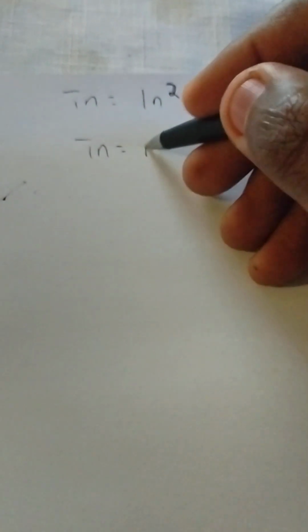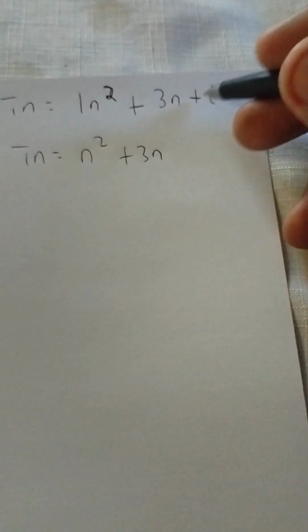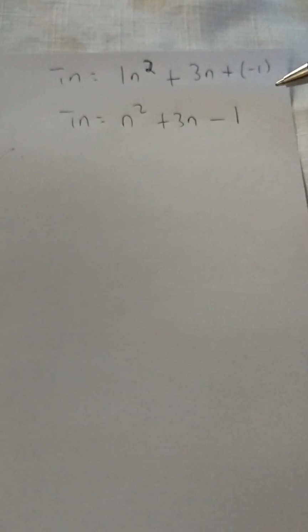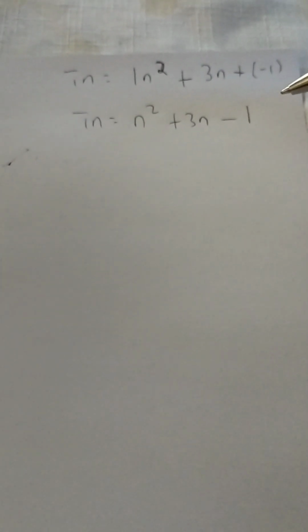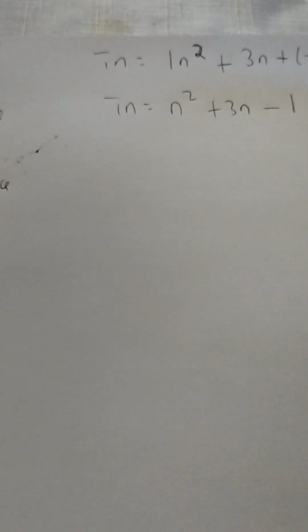We simplify that: 1 times n squared is n squared, plus 3n, then plus a negative gives us minus 1. That will be our Tn: n squared plus 3n minus 1. So now I've got my Tn. What I need to do now is test and prove if this correlates with my sequence.